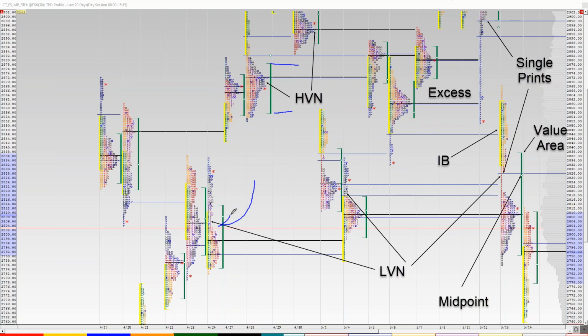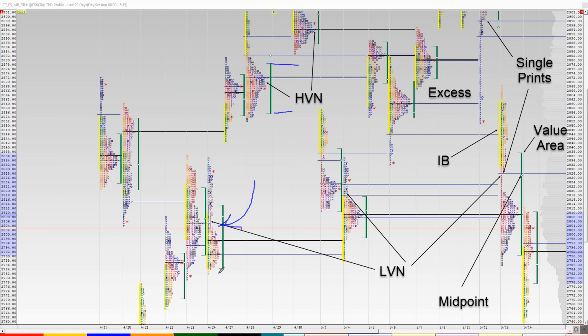Because as you can see here, this was pretty much a trend day. B period opened, tested up, tested down. C period opened down here, tested up, and then D period opened right here, tested down a couple ticks, then pushed up, and so on and so forth. And you could see that the market really didn't establish value. It's an elongated profile.